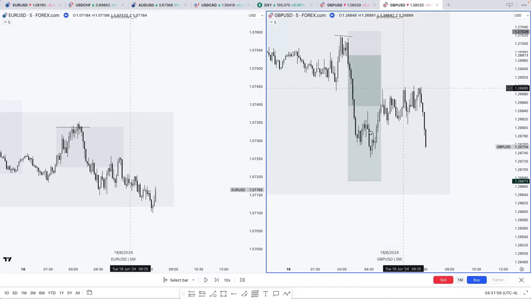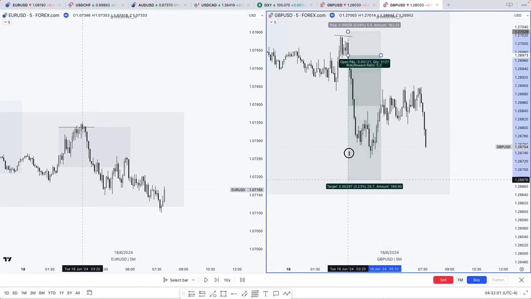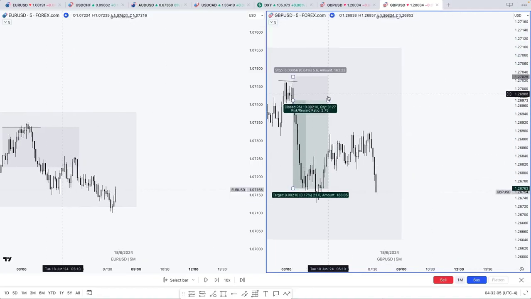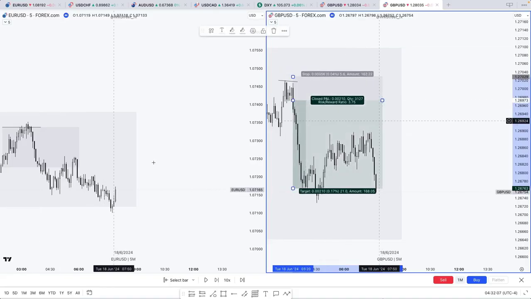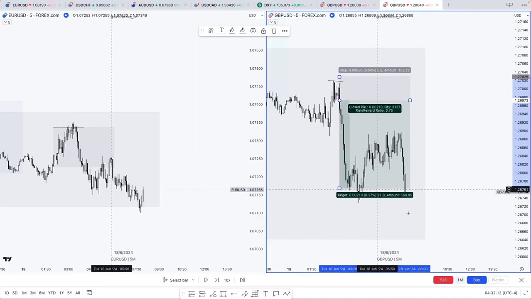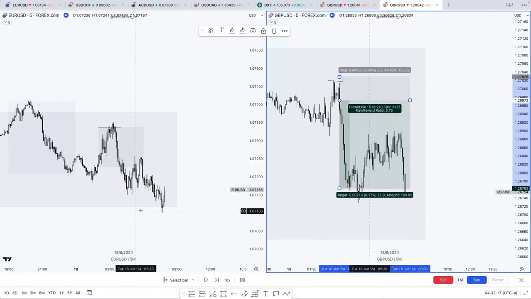Well, if we were here, of course, we can take partials, but when DXY completes the range, we can exit our trade here. We don't need the final target because in a correlated pair it is already done.